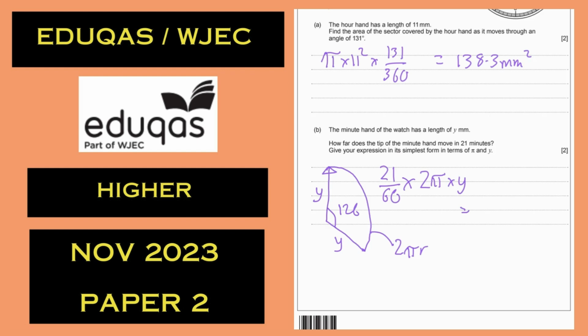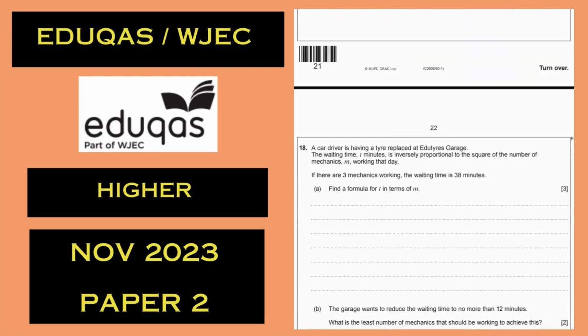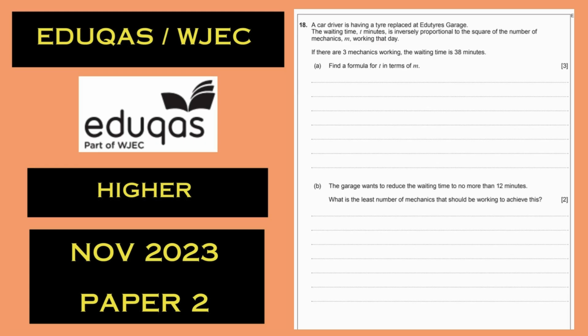We can't do the pi and the y on our calc. We are actually told to do it in terms of. We just need to press 21 60ths times 2 on our calc, and it'll do all the cancelling down for us. 7/10, or the equivalent of. What a nasty little strange question that is. Don't like that. Not a fan.